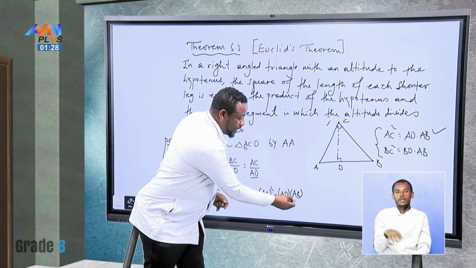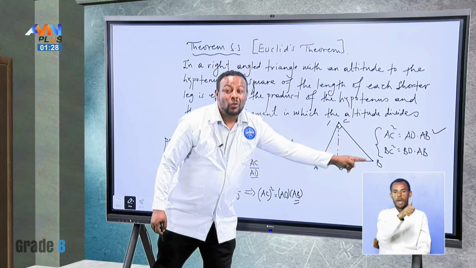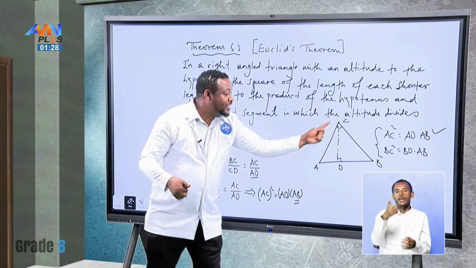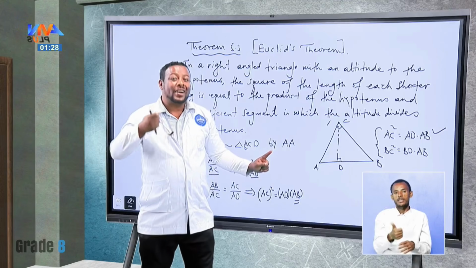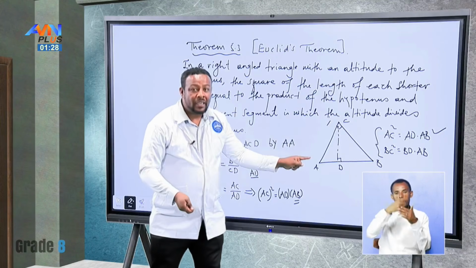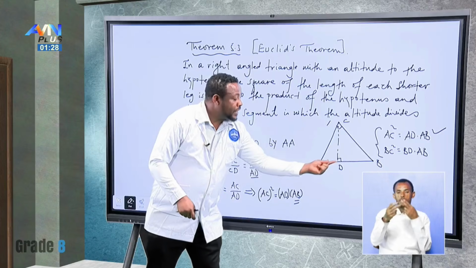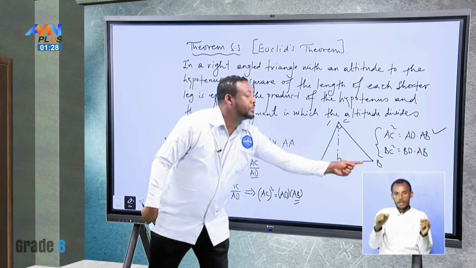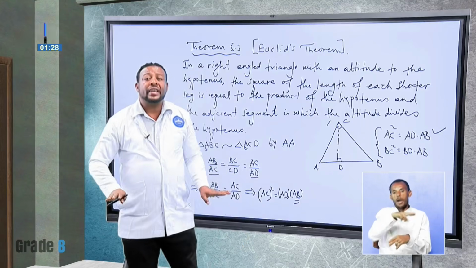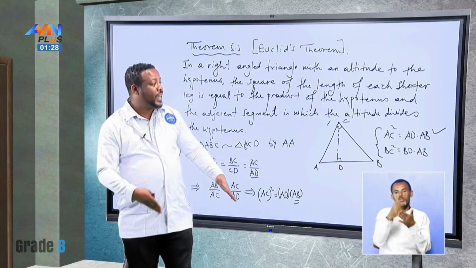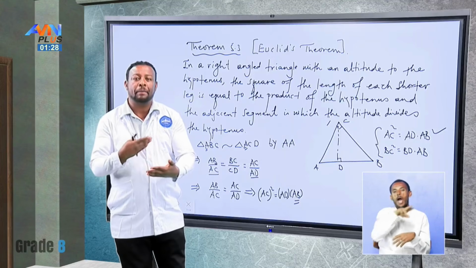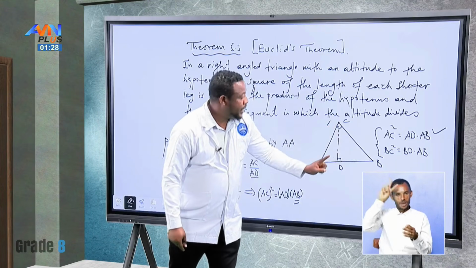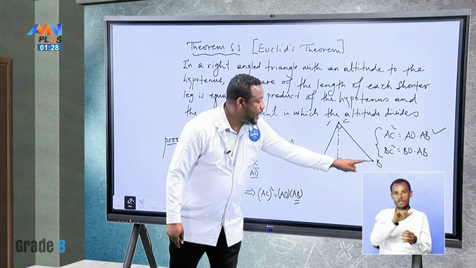AB is the hypotenuse in this case, and AD is adjacent to AC. So the squared value of AC is the product of the segment into which the altitude divides the hypotenuse times the hypotenuse. It's very easy to remember this formula. In both cases you have the hypotenuse AB. Here, BC squared is the same as BD times AB.